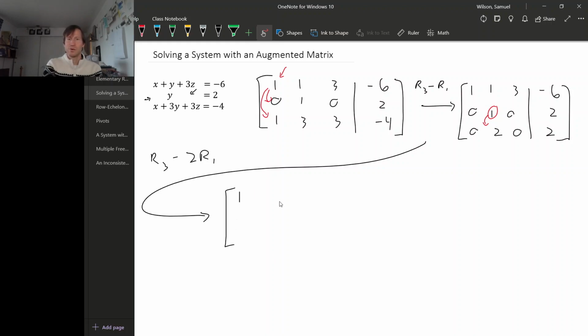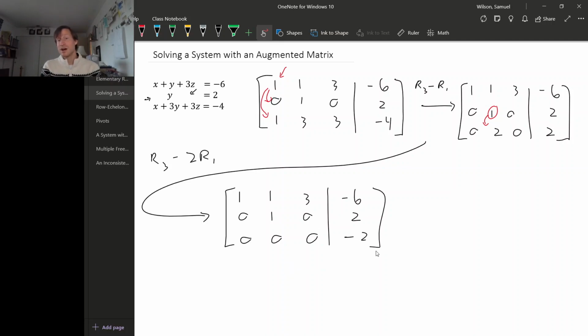So this gives us 1, 1, 3, minus 6, 0, 1, 0, 2, and then third row is now third row minus 2 times second row, so 0, 0, 0, minus 2. Okay. Now that along every column we've zeroed out everything below this leading 1.